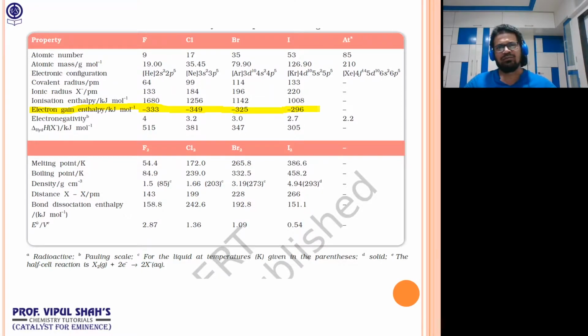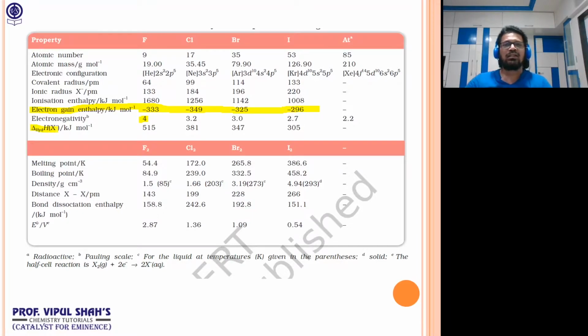Then electronegativity, people, as usual, as one goes down the group, atomic size increases. So ionization enthalpy, electron gain enthalpy and electronegativity, all the three will decrease down the group. So on the top we have F, that's the maximum value of 4 units on the Pauling scale, and then it decreases. Then this is important, people, delta H hydration, matlab the hydration enthalpy.